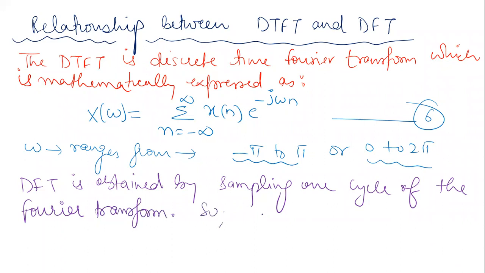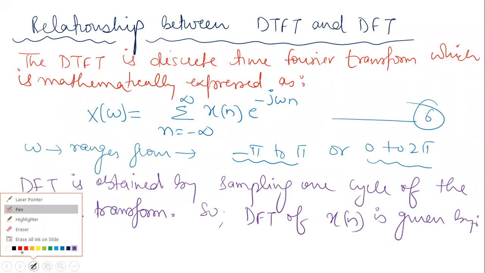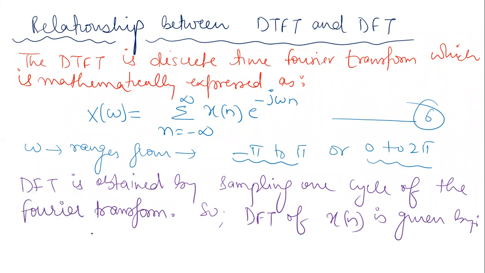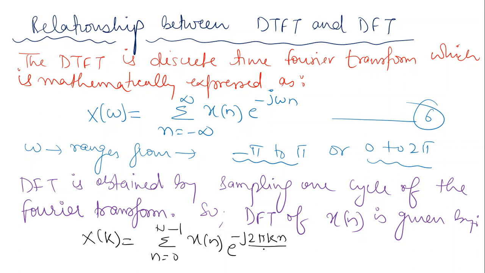So DFT of x(n) is given by X(k) is equal to summation from n is equal to 0 to N minus 1 x(n) e^(-j 2 pi k n / N).